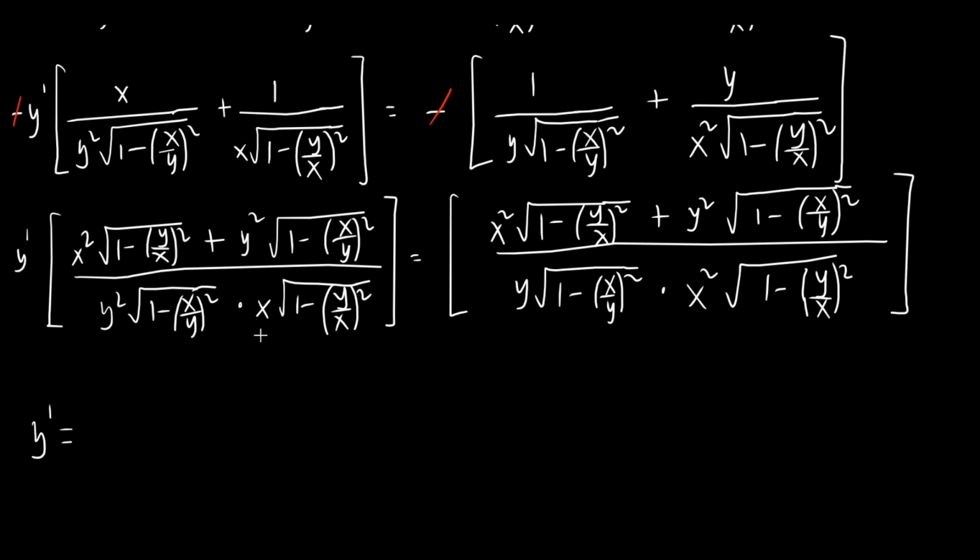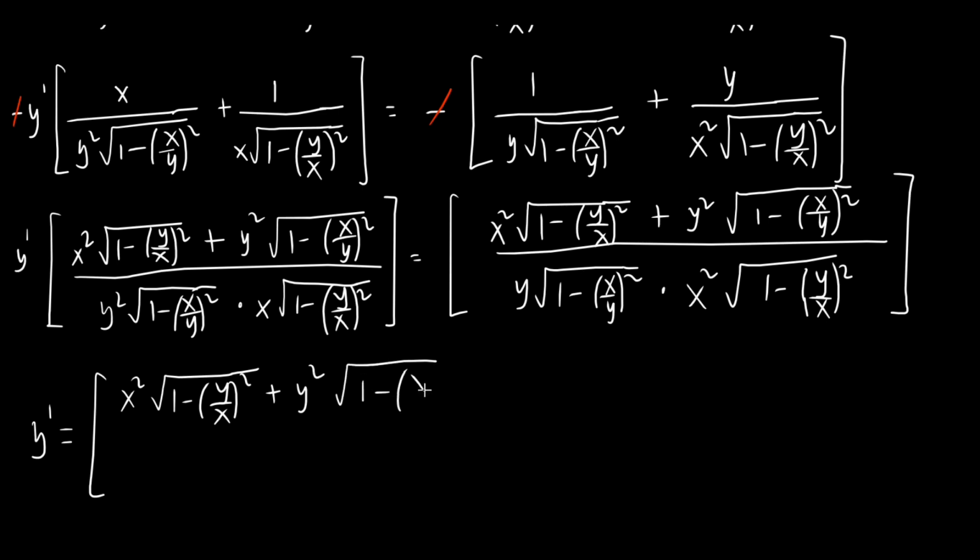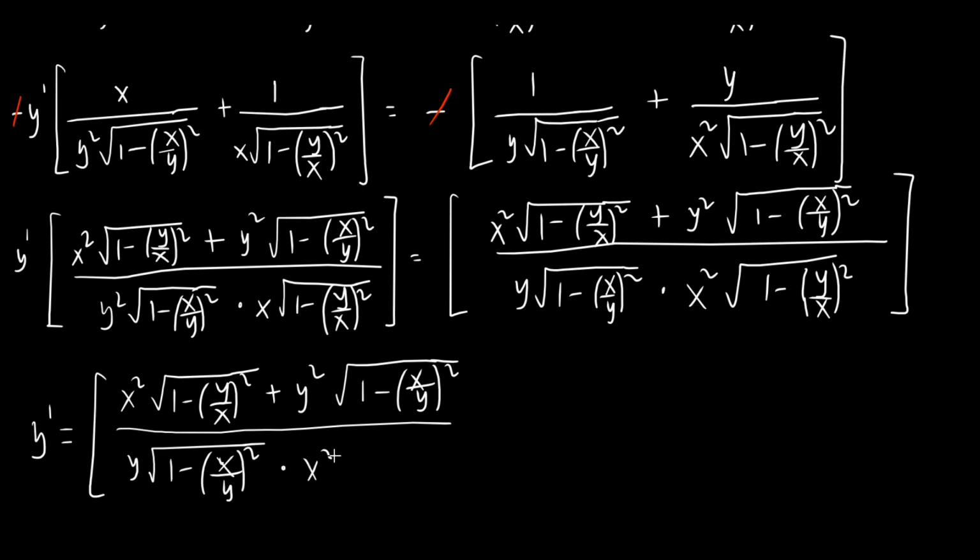So we just copy the second term first. So we have x squared multiplied by the square root of 1 minus (y over x) squared, plus y squared square root of 1 minus (x over y) squared, all over y multiplied by the square root of 1 minus (x over y) squared multiplied by x squared square root of 1 minus (y over x) squared.